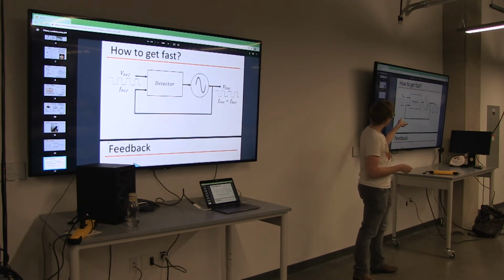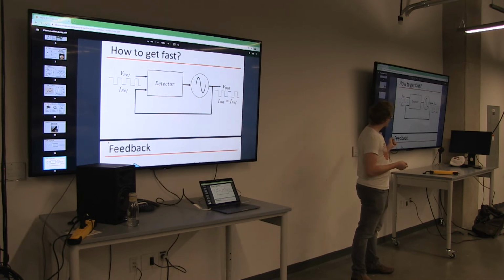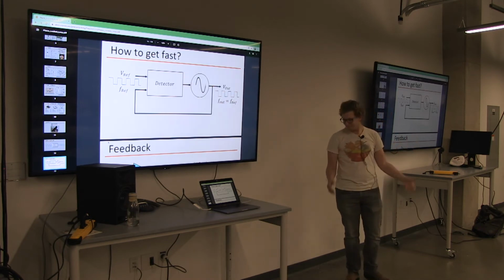So you have some oscillator, and you're detecting the differences between that and your reference. Then you're feeding that detection information back to your oscillator, and you're basically changing that oscillation frequency in order to minimize the error between those two. And so your output frequency for that oscillator will basically match your input frequency, which is great.